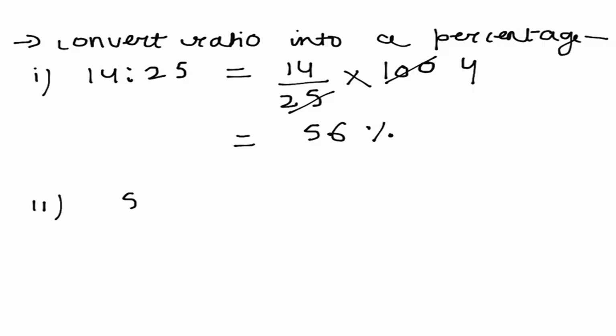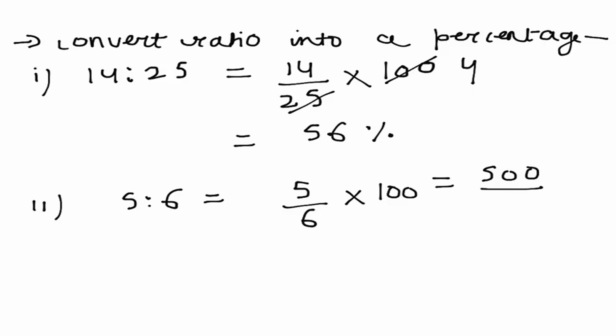Next, if we have 5:6, the first step is we have to write it in a fraction form. The next step is we have to multiply by 100. So now we will get 500 by 6. We will change it into the simplest form.